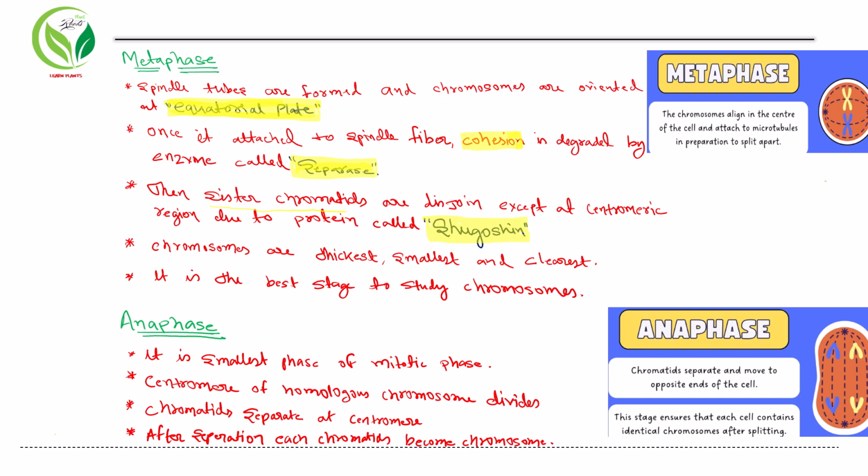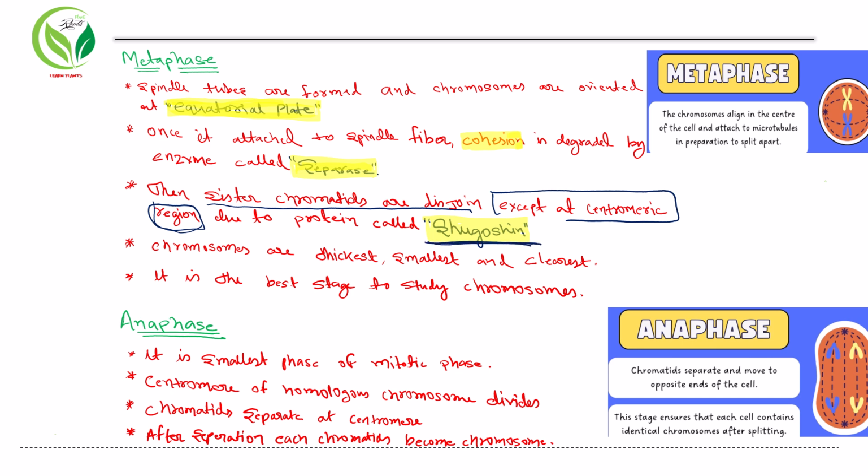Sister chromatids are disjoining, but at this centromeric region it is not disjoining. Why? Because of this Shugoshin.